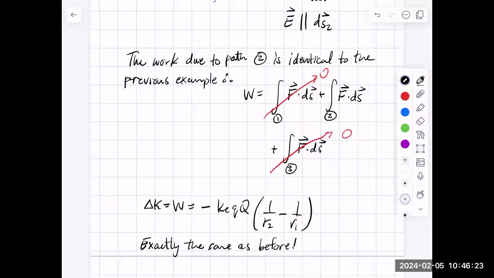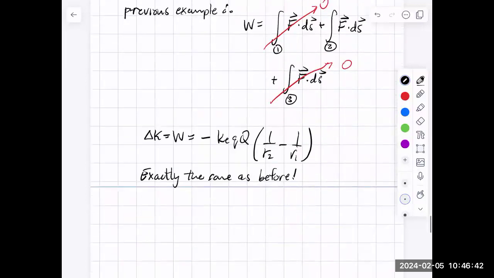Okay, the reason you can always break your arbitrary path into radial sections and little sections of circular arcs is because you can make those sections infinitesimally small, as small as you need to in order to make the smooth path, whichever one you chose.